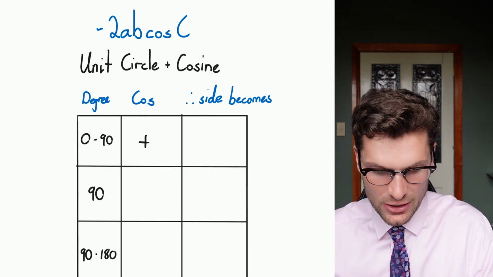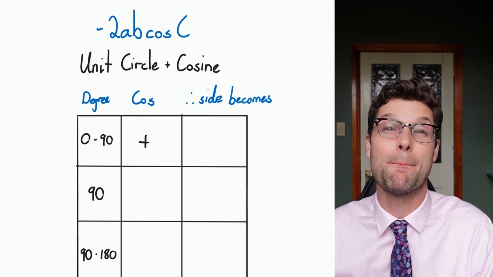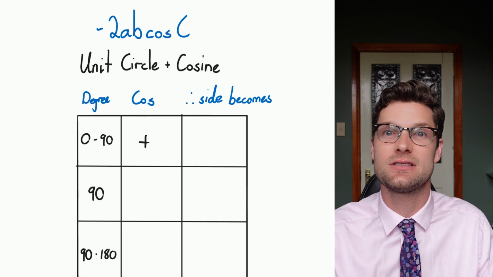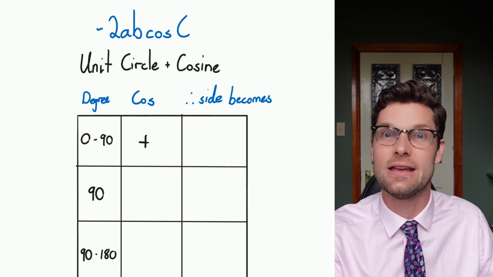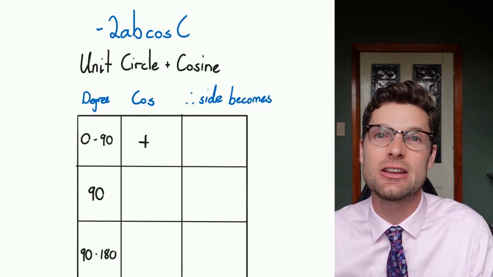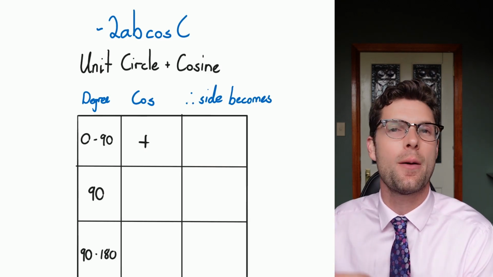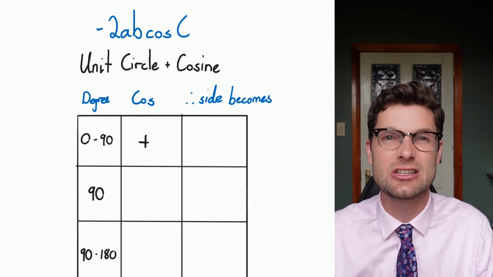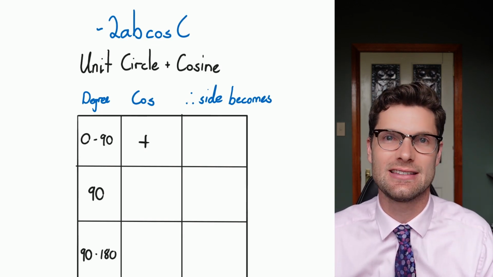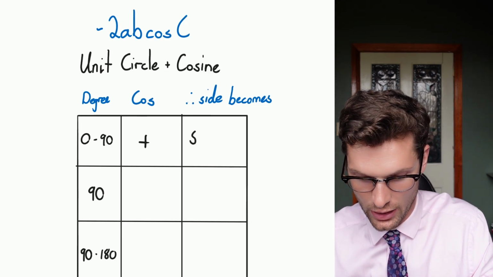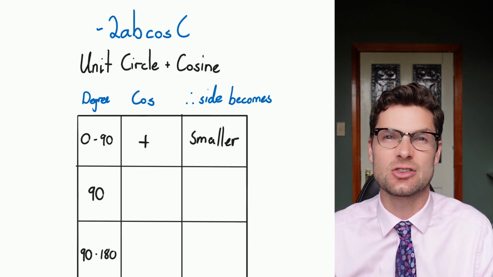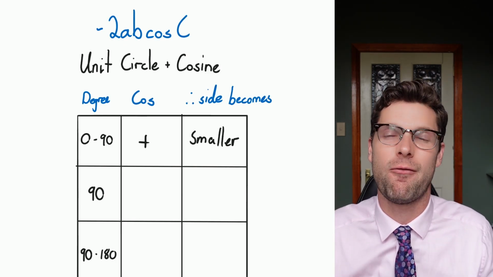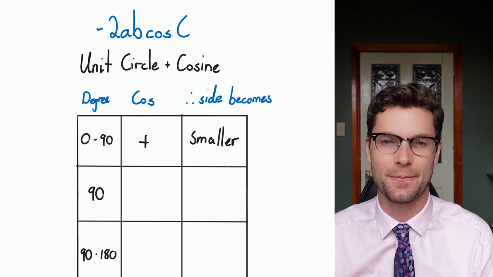But because the formula for the cosine rule is minus 2ab cos c, if we have a negative number times 2ab times cos c, that makes the whole thing become smaller because the numbers are all positive multiplied by that negative at the top. So the side opposite our angle that is included becomes smaller. And that makes sense. We've said that the smaller the angle, the smaller the side length, and this is why our formula gives us that correct answer.